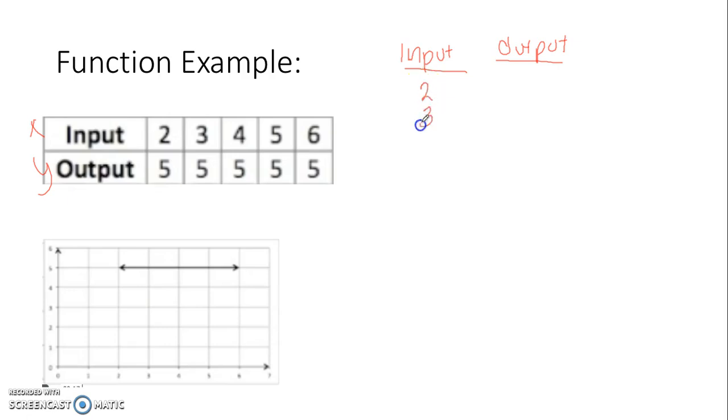It's 2, 3, 4, 5, 6, okay? And then our output values, which is just simply 5. Now we're going to draw arrows from our input to our output. So what these arrows are saying is that when you put 4 into the equation, you're going to get 5. When you put 5 into the equation, you're going to get 5, and so forth. This is just illustrating that for each input, it's only going to give you one output.